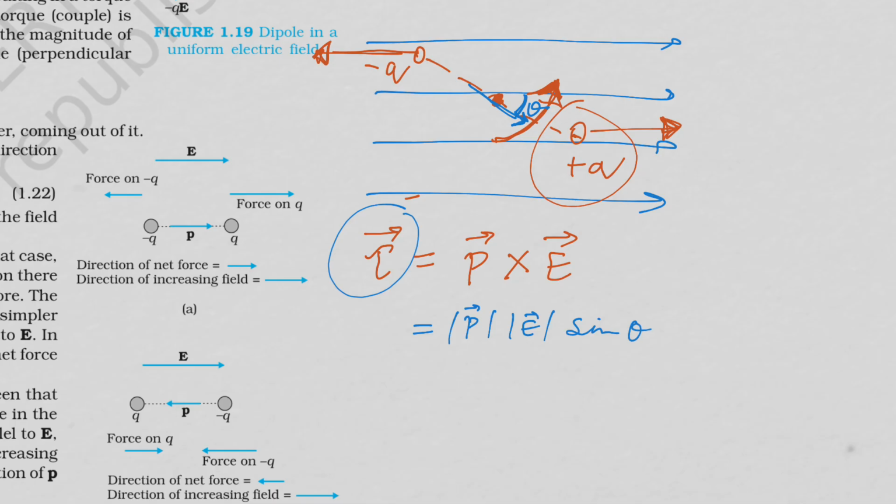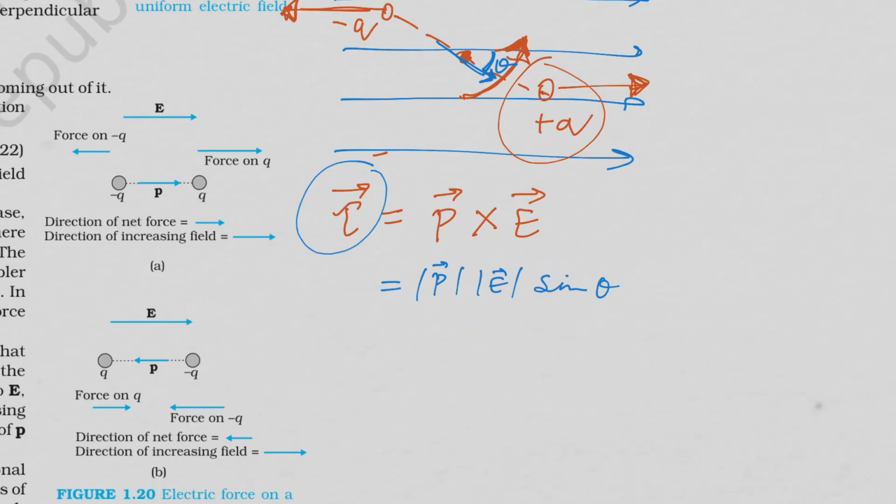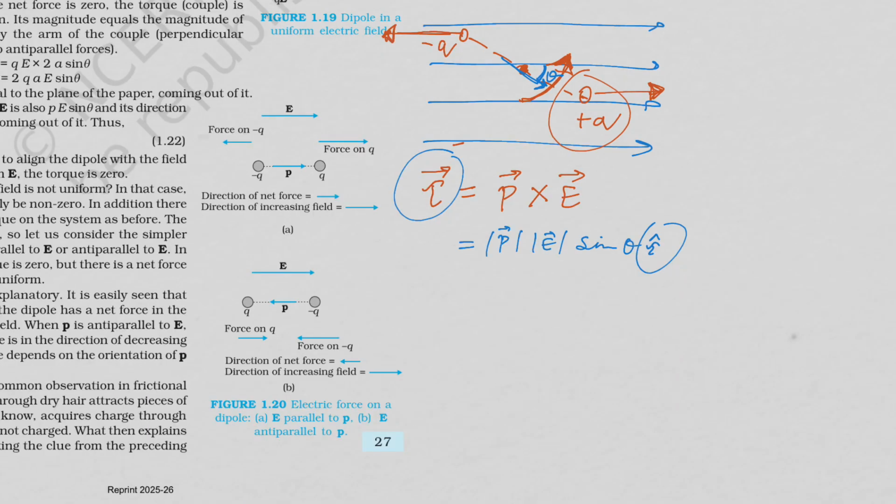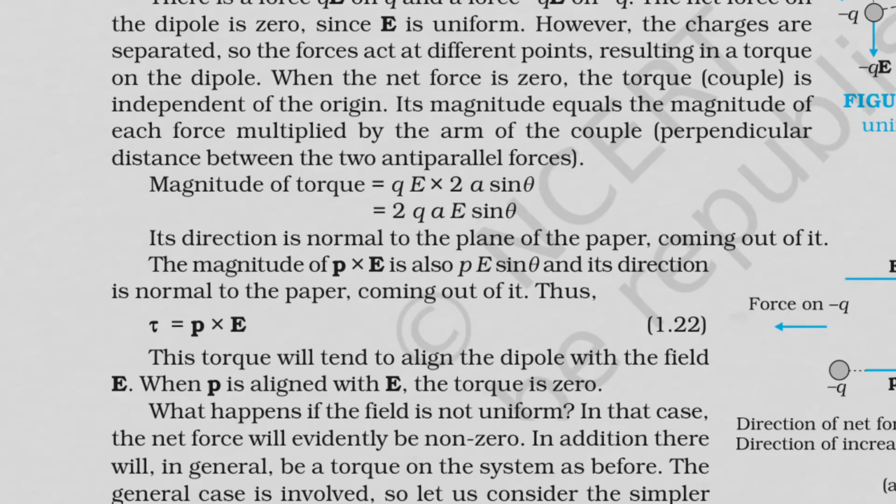And again a new vector is formed in this direction, which is not in your syllabus to show, because it is a twist and turn force. So we'll only focus on the magnitude of it, and that is PE sine theta, okay.